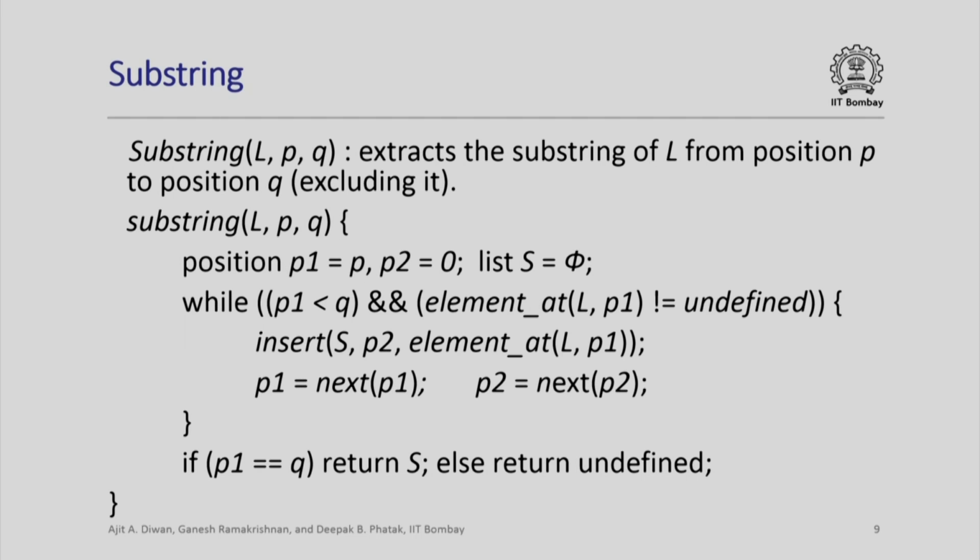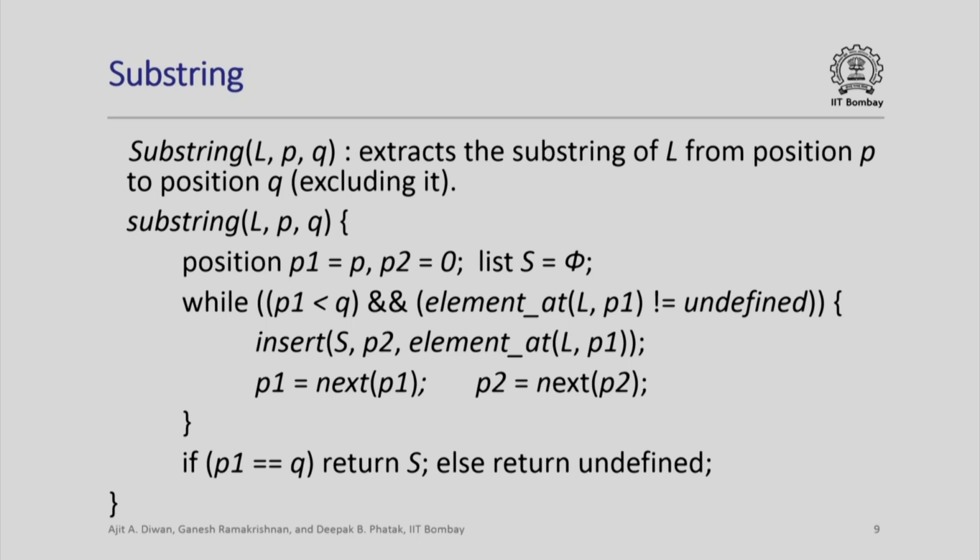Now, here is another function which extracts a substring from a list L starting from position P and position Q. So, it is up excluding the position Q. So, it finds the sequence of elements in the list L starting from position P to position Q, but not including Q. So, again we will create a new list in which we will essentially copy the elements from the list L. So, set position P1 equal to P initially and P2 equal to 0.